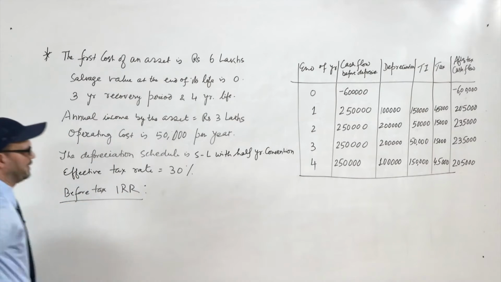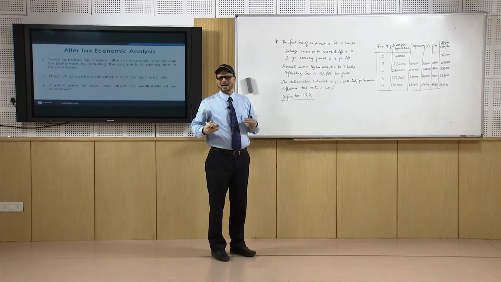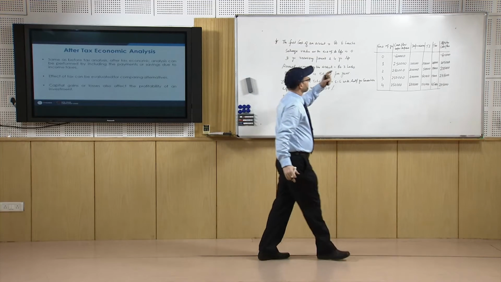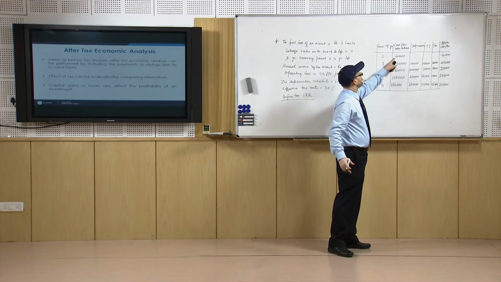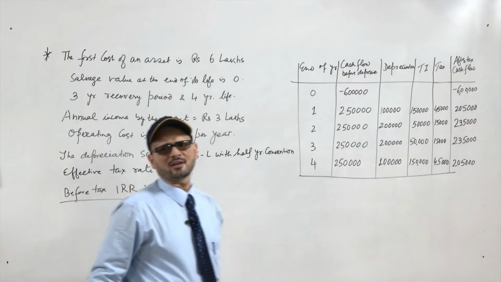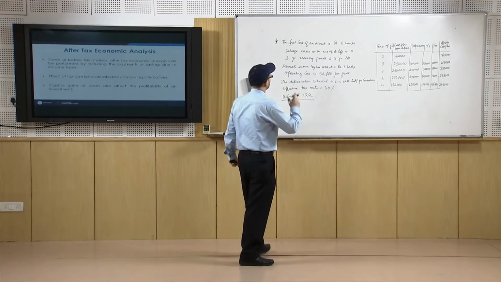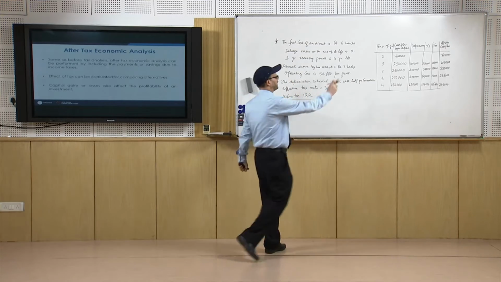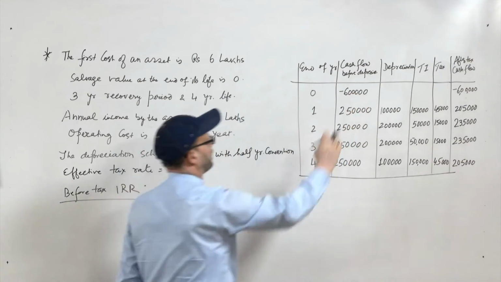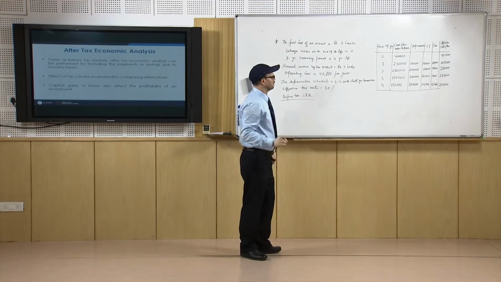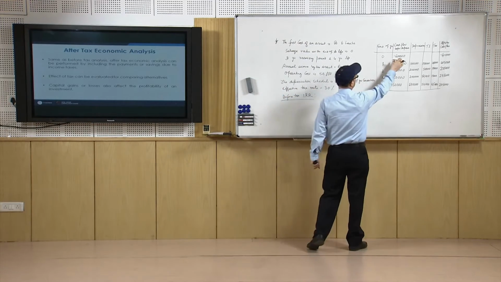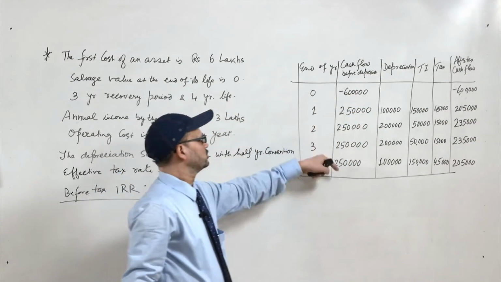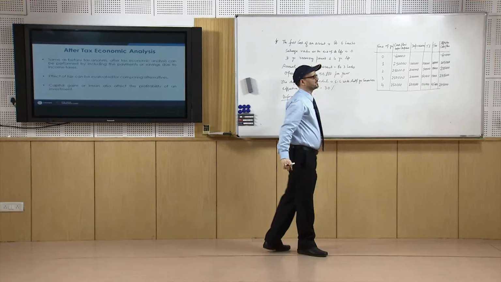Before tax, you have to equate the present worth to 0 for this cash flow, so the present worth of these 4 cash flows should be equal to 6 lakh.